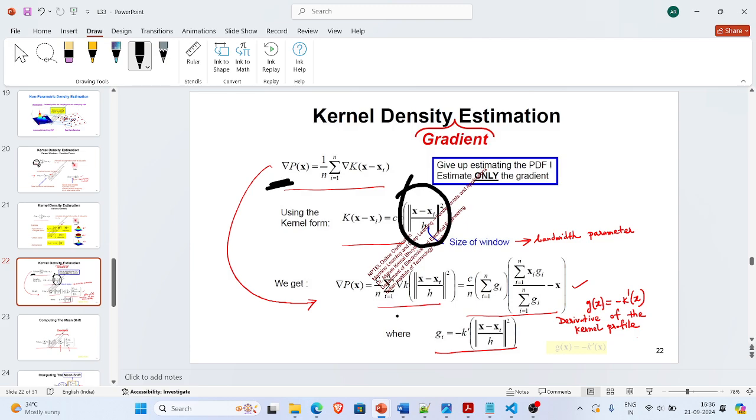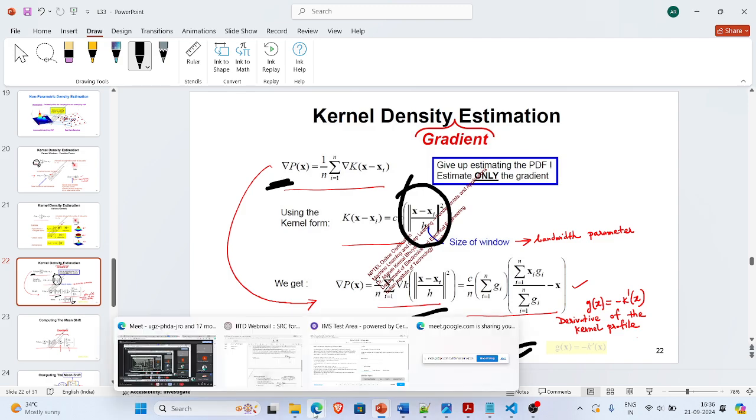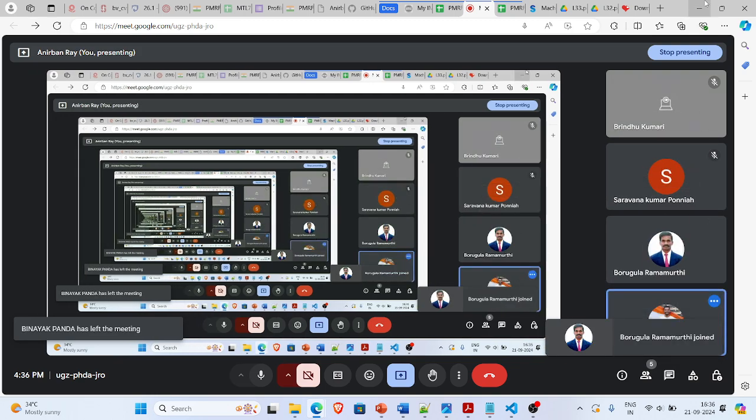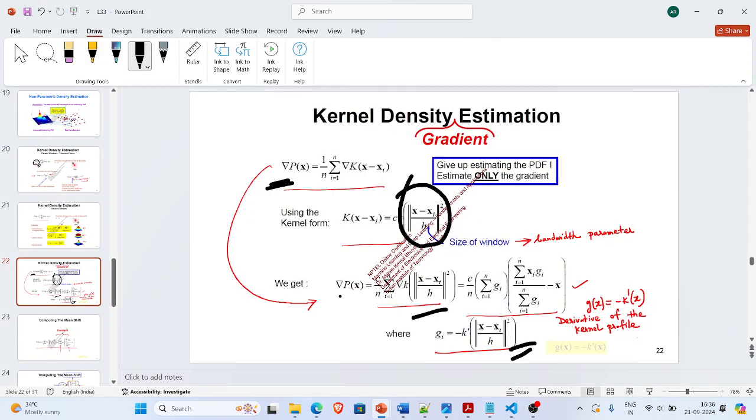Taking the derivative, it comes out to be this, where g is the derivative of the kernel function. This has to be calculated to get delta px, which represents the new kernel, the new cluster center.